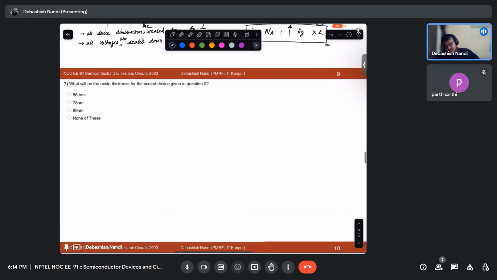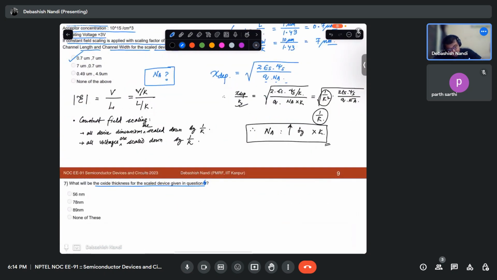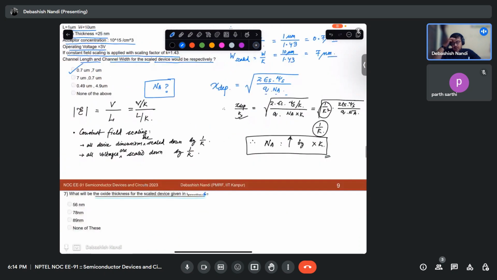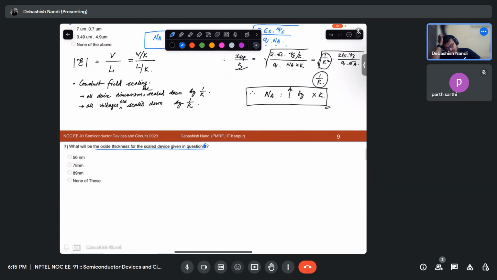So moving on to the next problem. What will be the oxide thickness for the scaled device given in question 6? Oxide thickness was mentioned as 25 nanometer, right? So Tox is 25 nanometer.